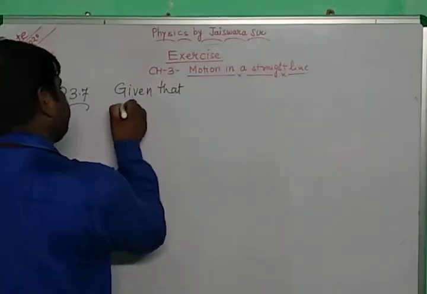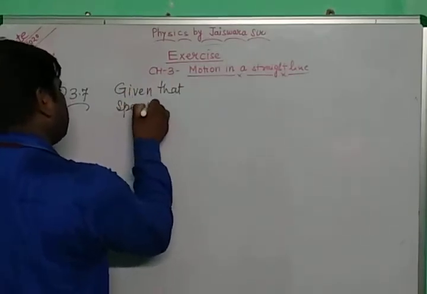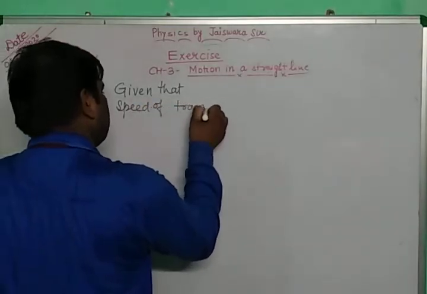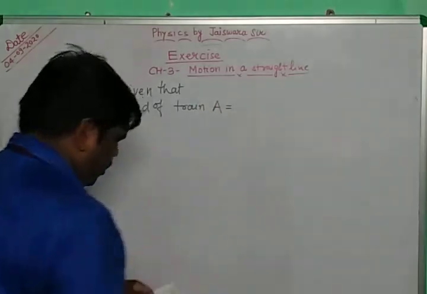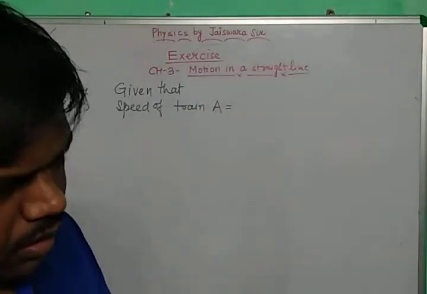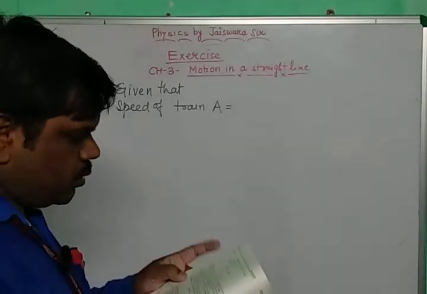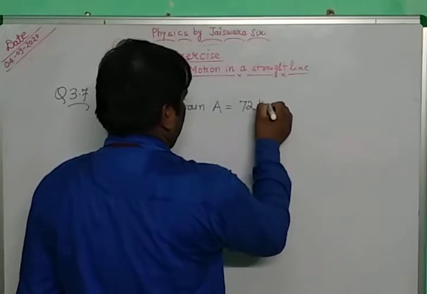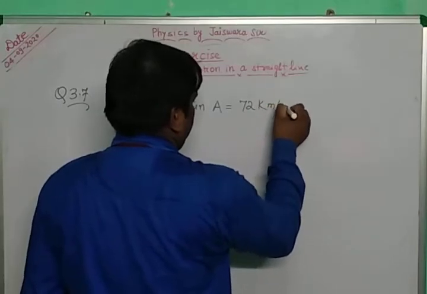Given that the speed of train A is 72 km per hour.